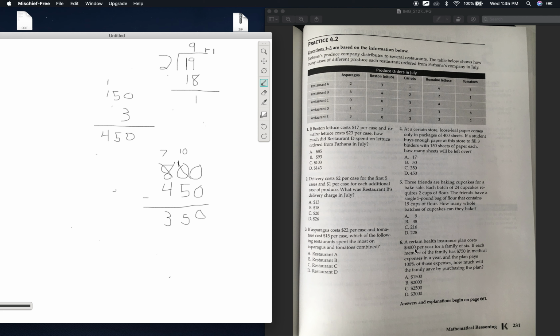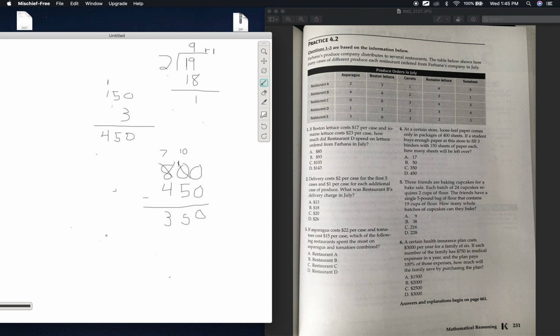Okay, now if there are 6 members paying 750, would it be cheaper to pay for the whole year, or would it be cheaper if they just individually paid 750 or collectively paid 750?